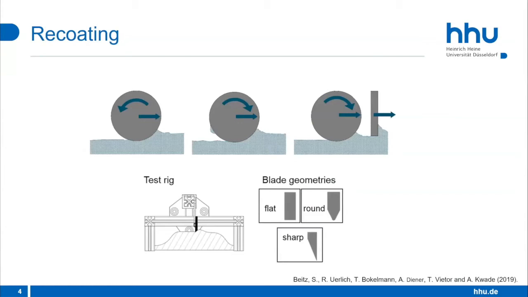So here you see different options that you can have as a recoating mechanism. If you want to apply a new layer of powder, you have different options available.